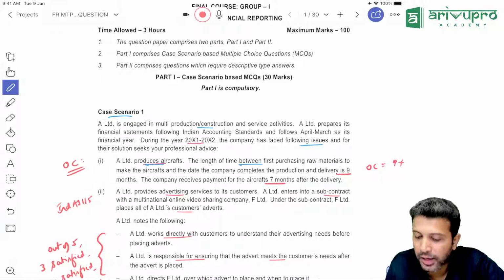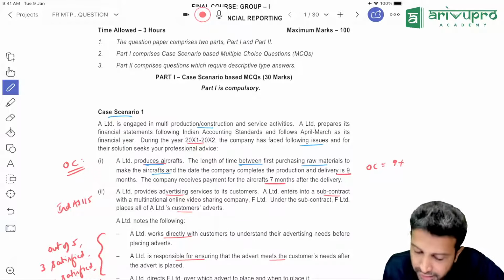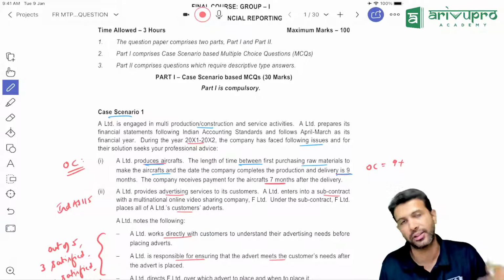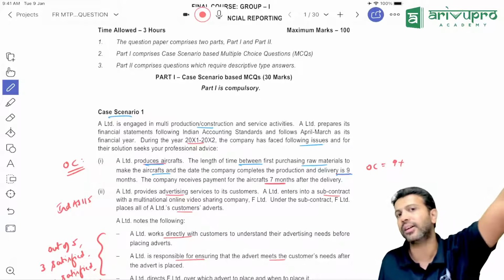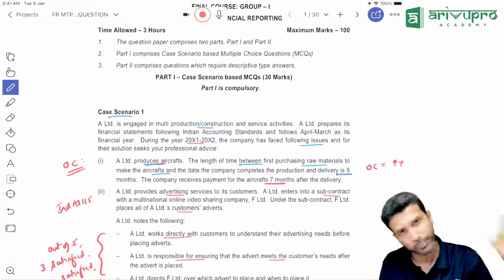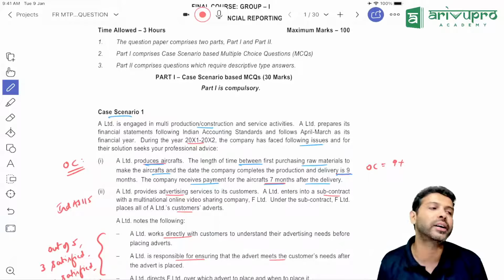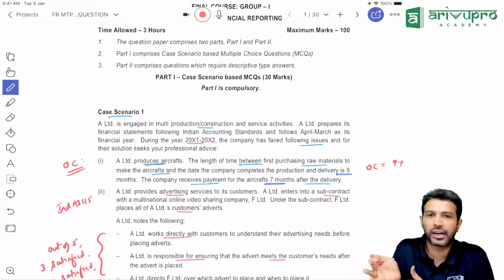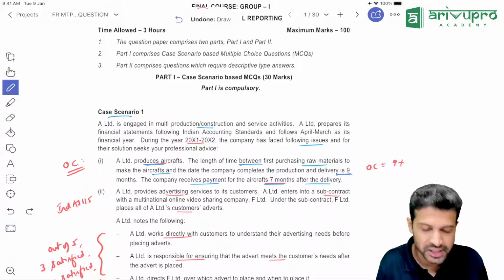The length of time between first purchasing raw material and the date the company completes production and delivery is 9 months. Then the company receives payments for the aircraft 7 months after delivery. So after the goods are complete, we sell the product and our debtor pays 7 months after delivery.